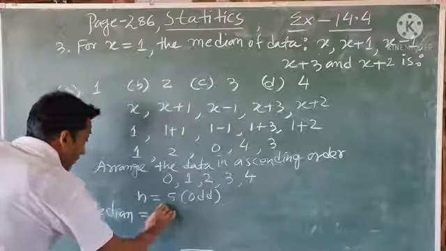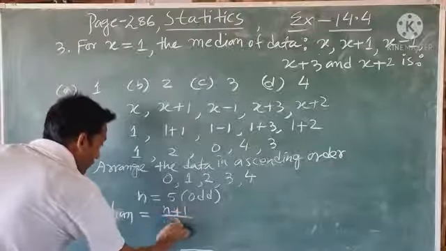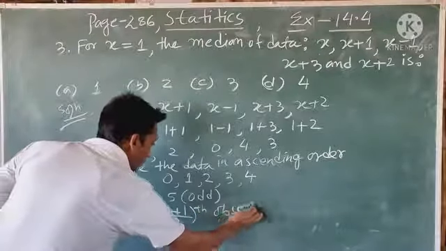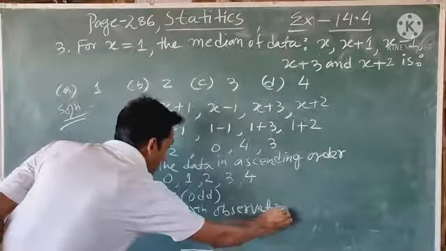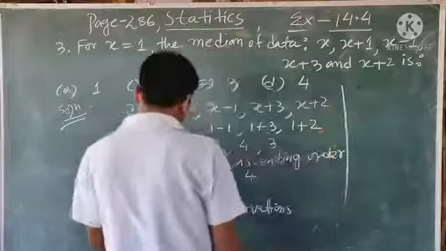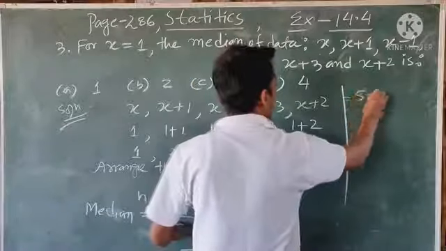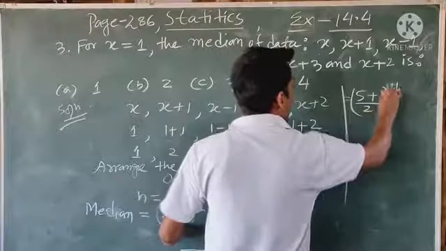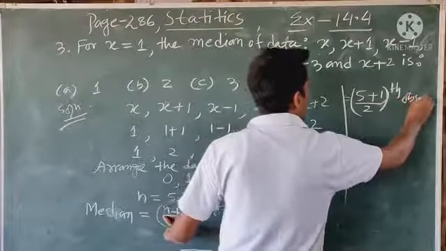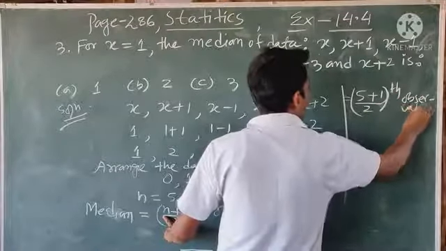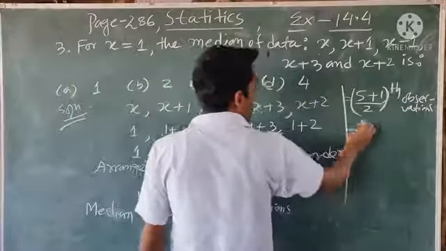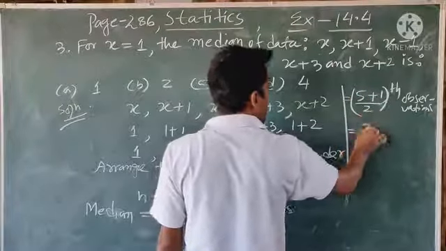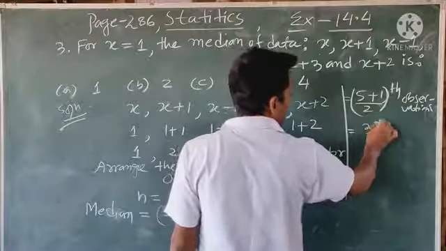Median is the (n plus 1) by 2 th observation. Here n is 5, so 5 plus 1 by 2. 5 plus 1 is 6, 6 by 2 is 3. So the third observation.